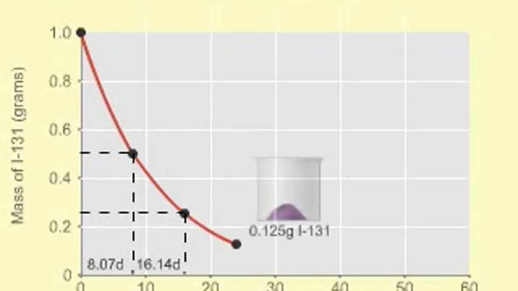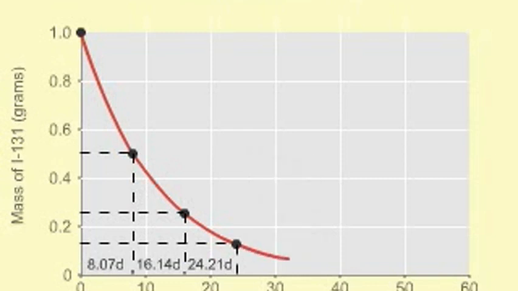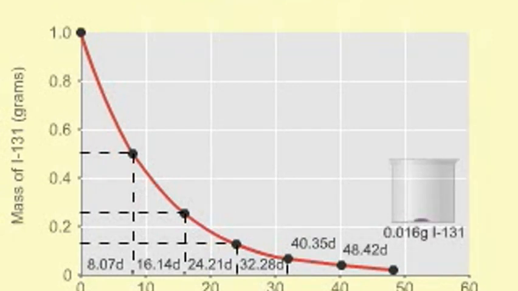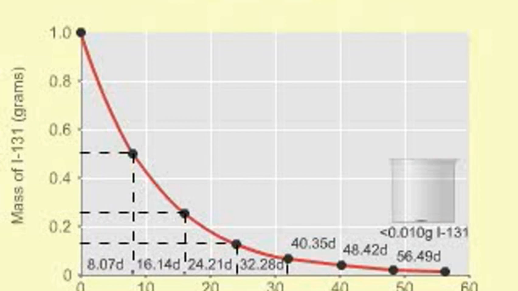After the third half-life, the amount of radioactive isotope has dropped to 1/8 of the initial amount. After 7 half-lives have elapsed, less than 1% of the original amount of isotope remains.